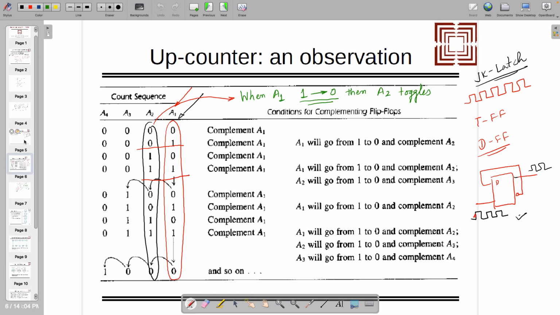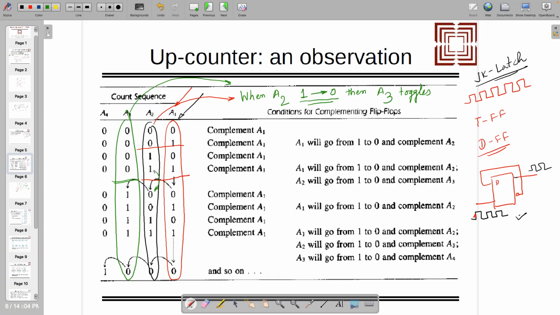and it requires only 4 flip flops right now, because we have to design it for only 4. Now look at the third one and observe it. You will understand that the third one is also changing when A2 goes from 1 to 0, right?